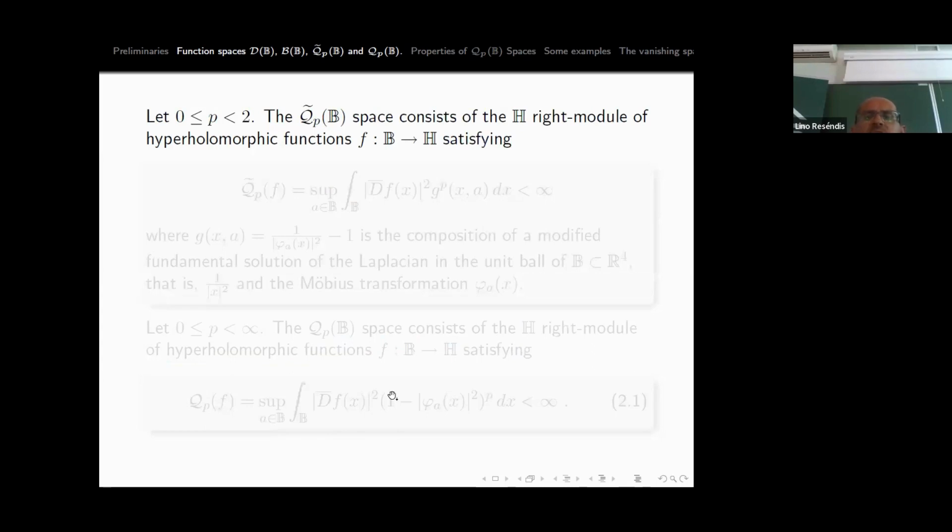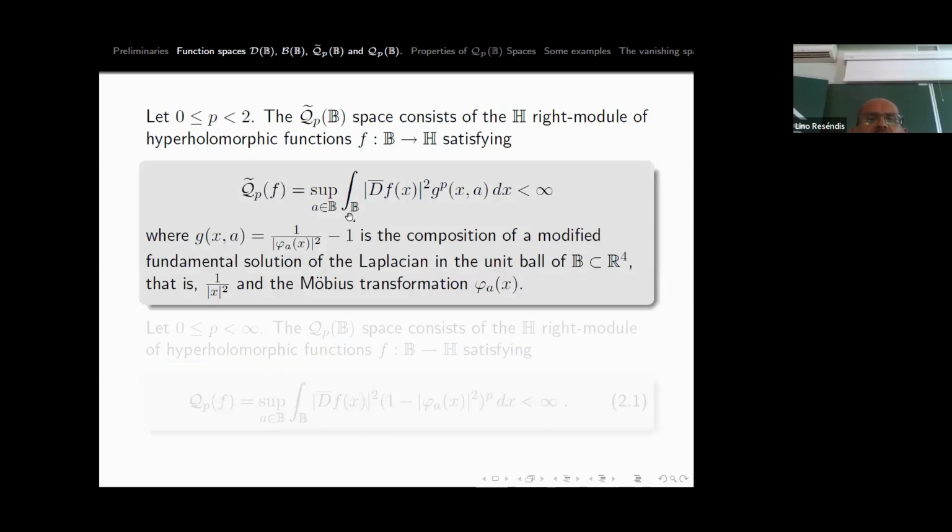Now, follow the following two definitions. We consider in this moment the parameter p between 0 and 2, less strictly than 2. And then the Q_p tilde space consists of all hyperholomorphic functions f from the unit ball to the quaternions, satisfying the following condition.